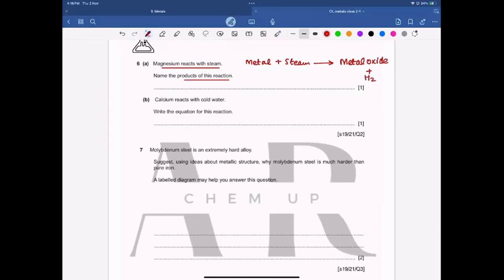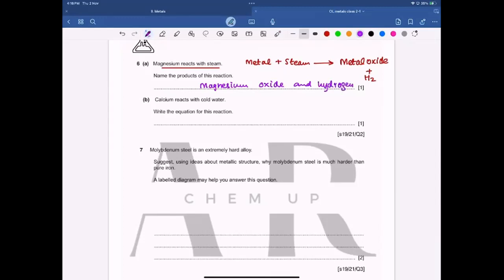So if a metal gives you a metal oxide with steam, in this case it will be magnesium oxide and hydrogen. Is this understandable? We don't need the formula because they didn't ask.